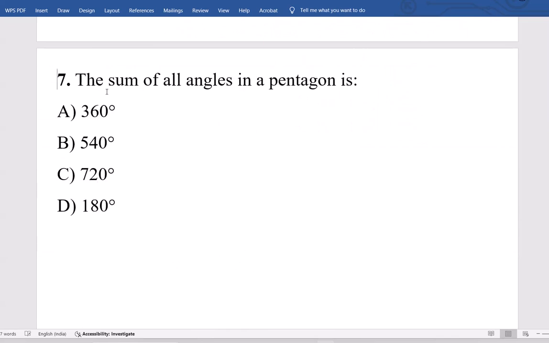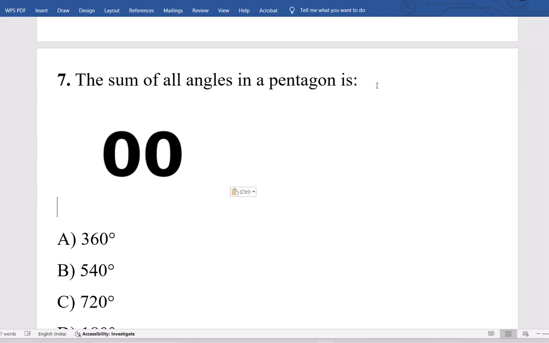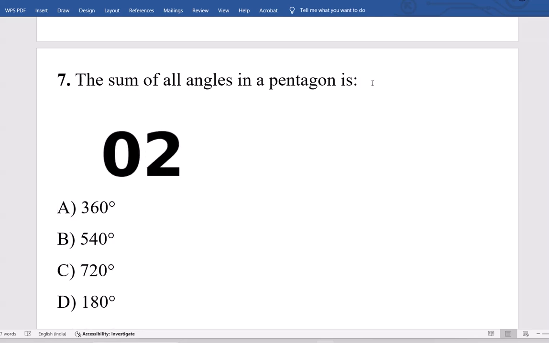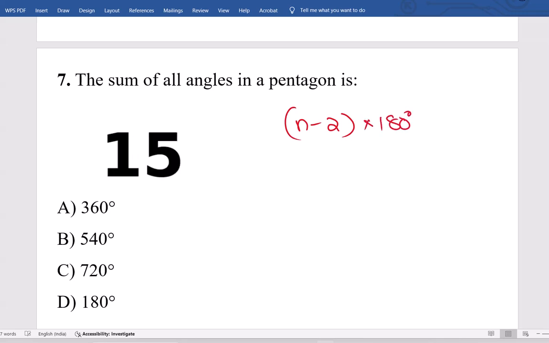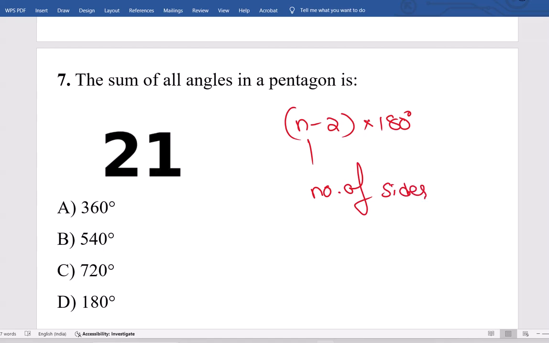What about this question? Sum of all angles in a pentagon: 540 degrees. So what is the sum of all interior angles? In fact, that's what we have to understand. N minus 2 into 180 degrees, where N is the number of sides. That is the sum of all interior angles for any polygon.